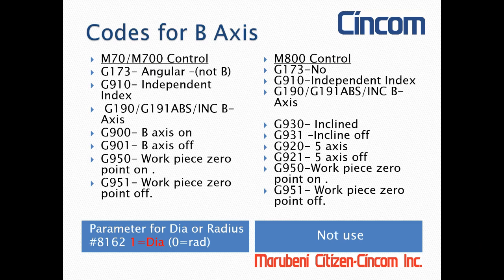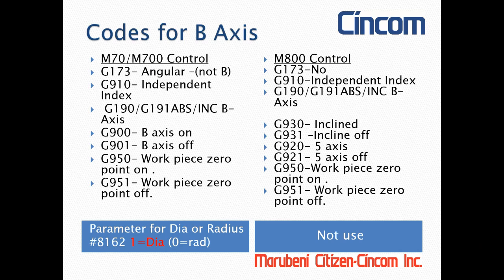So, codes for B-axis, as everybody knows. The first B-axis machine was from the beginning M432, so it was an M70 control. We started from there, and now we've got M800 control.